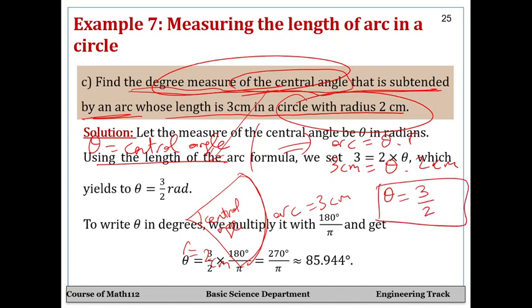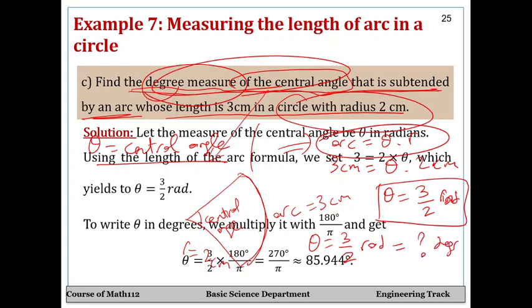But if you want to use this formula, theta is always in radians. Okay, but it's asking the degree measure, so you have to calculate what this is in degrees. So how can you calculate this one?